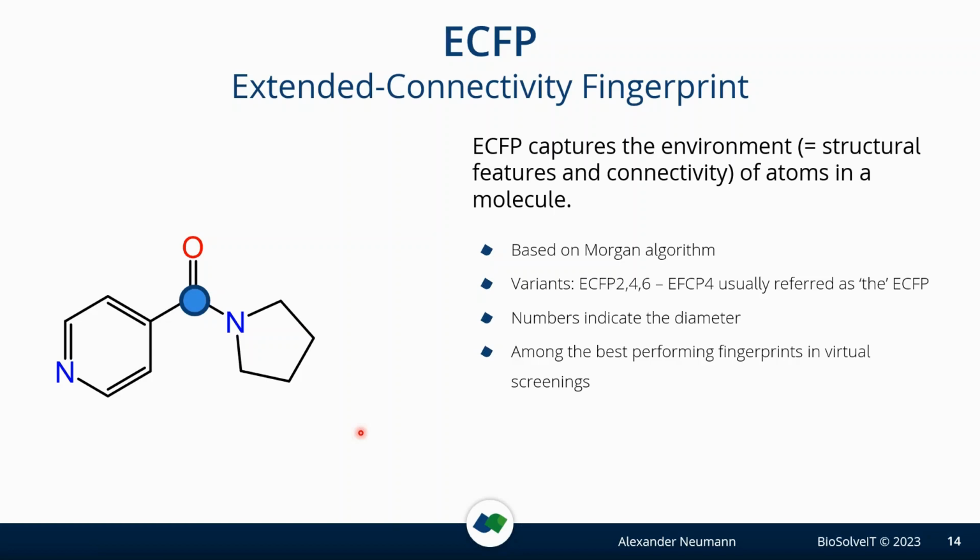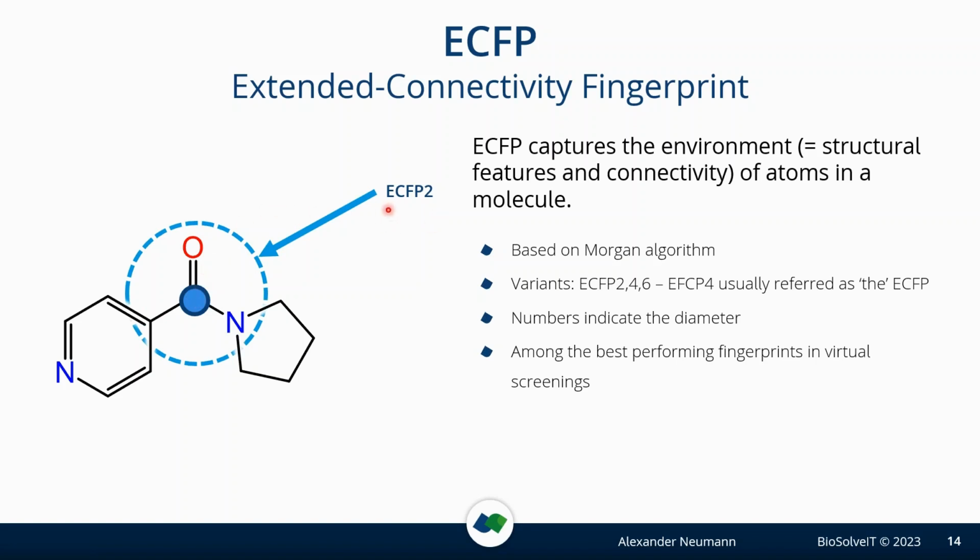So you do it right now for this carbon here, and we start with this carbon, and we look with a radius of 1 and a diameter of 2, at which heavy atoms are actually connected to my investigated atom here.